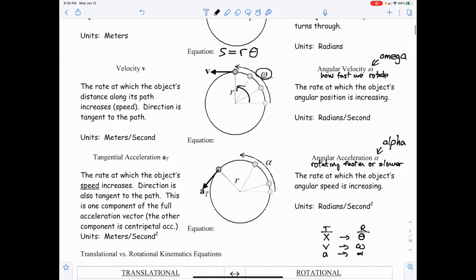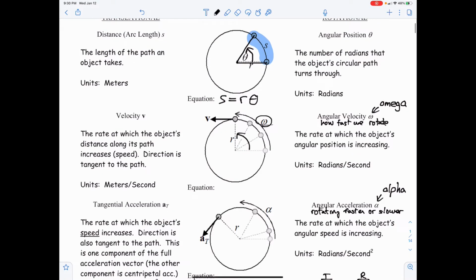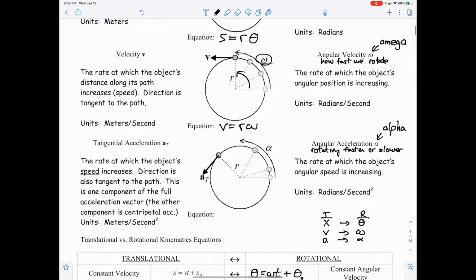We did mention that the equation that links arc length and angular position is s equals r theta, and the equation that links translational velocity and angular velocity would be v equals r omega, and then finally the equation that links tangential acceleration and angular acceleration would be a equals r times alpha.